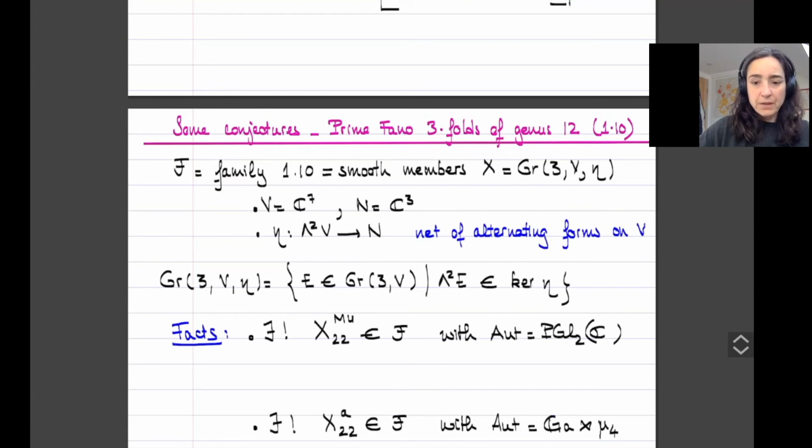So what do we know about these? So first I should say that this family is a 6-dimensional family.